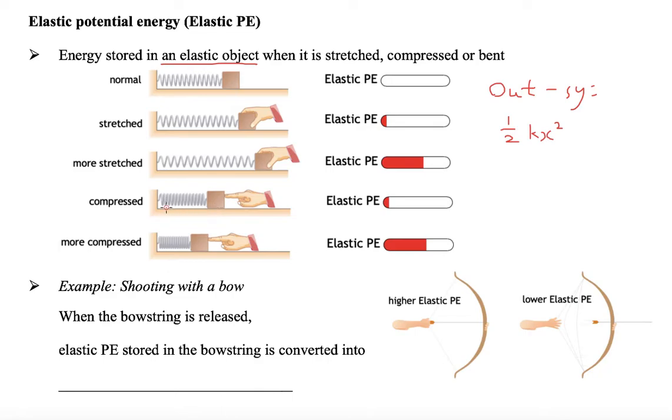If we compress it with an object attached here, and release it after the compression, it would start moving, right? So what's the energy conservation here? After we release it, the elastic PE will be converted into kinetic energy so that it moves. And I think this is easy to understand.